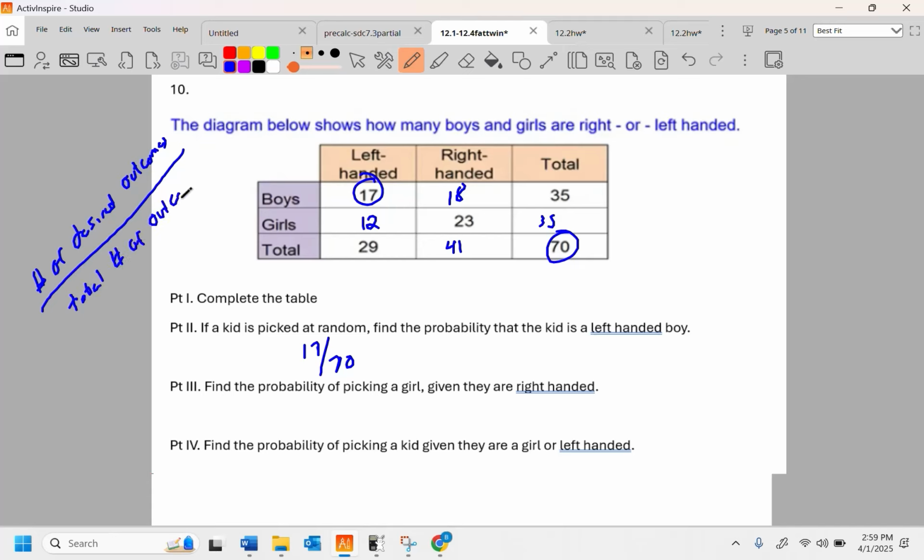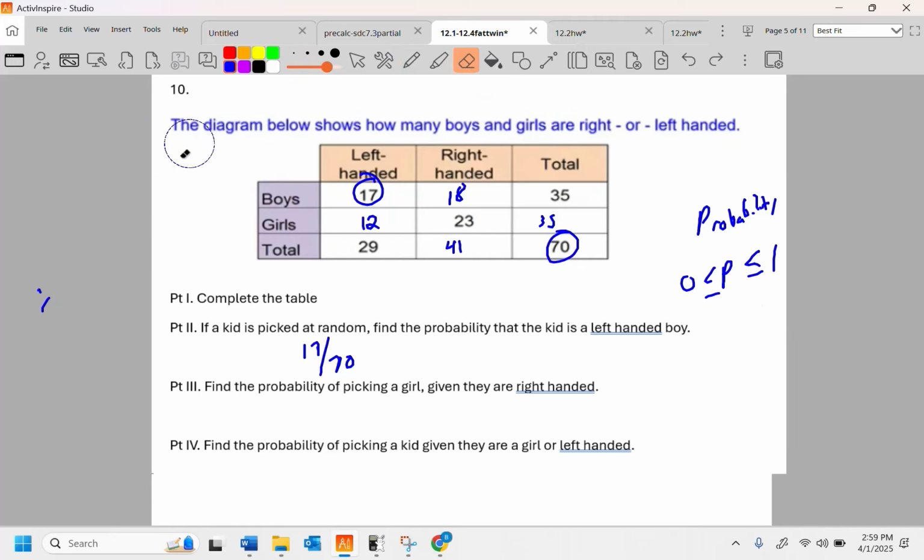I had 2 honors kids in first period just writing down the number, not even thinking about it being probability. They probably don't even know that probability is a number stuck between 0 and 1. It cannot exceed 1 and it cannot be less than 0. Don't be that kid.